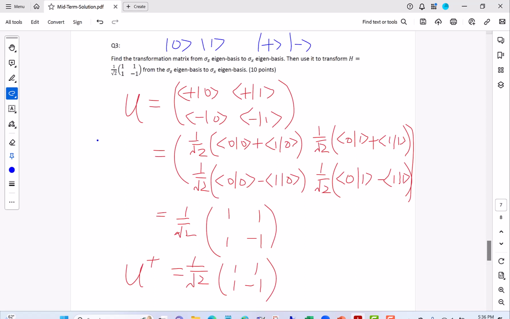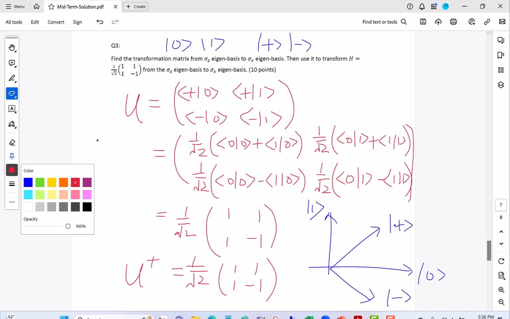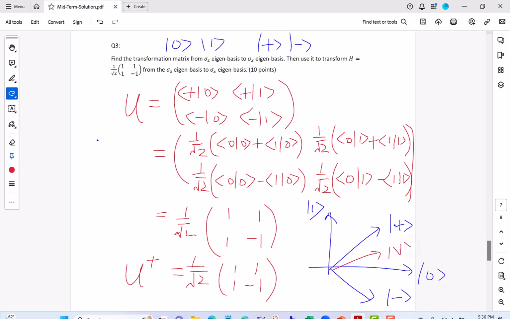Right? If you forgot, remember we have a fake but correct example. If I have a vector V here, it can be represented as a linear combination of 0 and 1, or a linear combination of plus and minus.